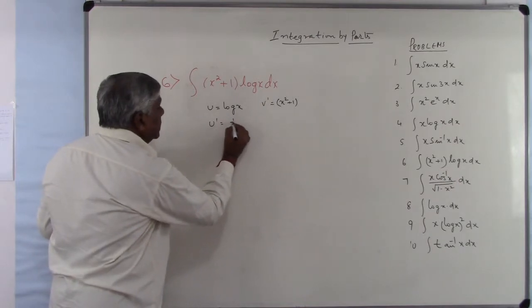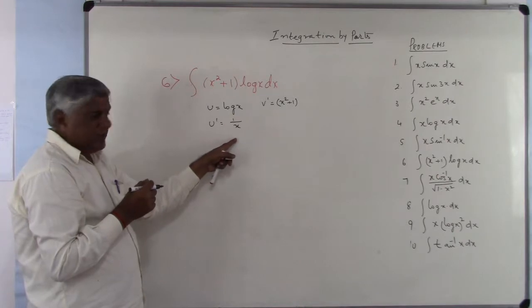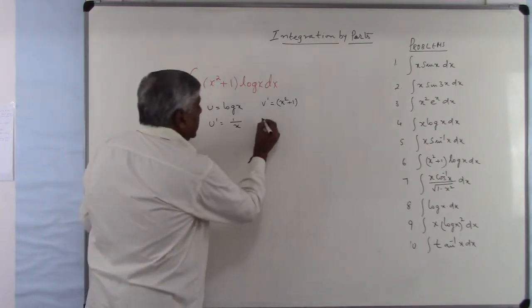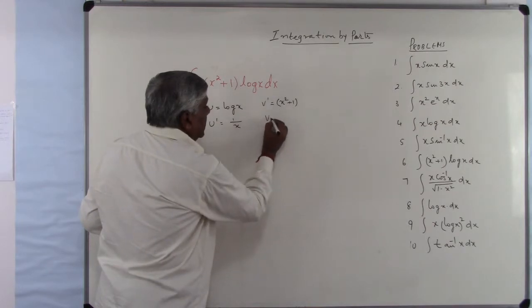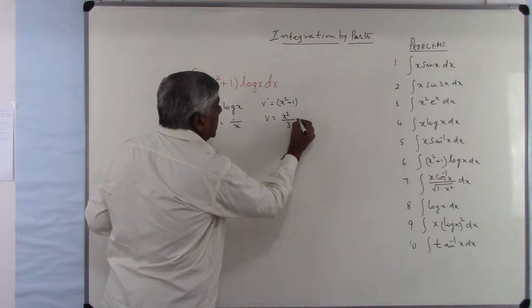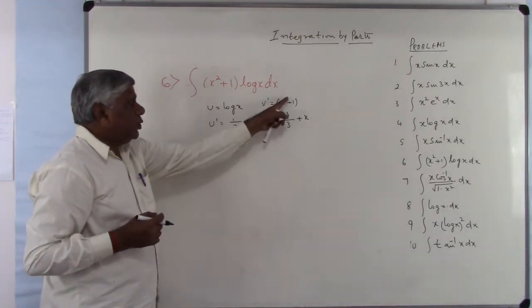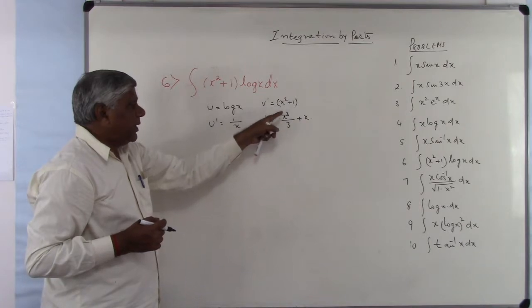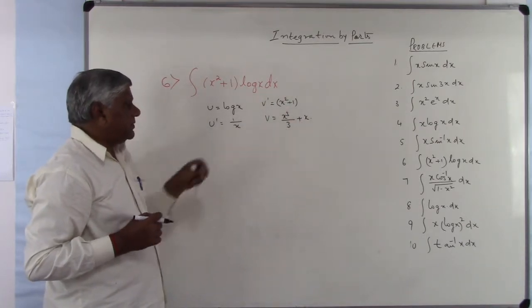Differentiation of log x by dx is 1 over x. Integral of v dash, here v is equal to x cubed by 3 plus x, because 2 plus 1 divided by 2 plus 1 gives x cubed by 3, plus the integral of 1 is x.